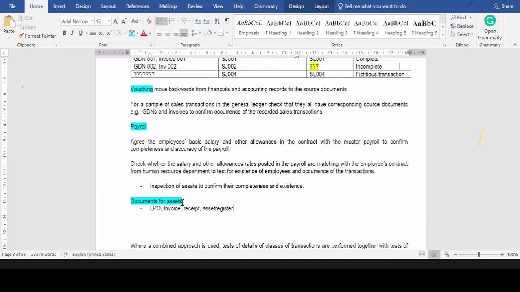From the asset register, I'll go to the PPE schedule. But before the schedule, there are ledgers, journals, of course, and then the statement of financial position. Of course, also the trial balance.